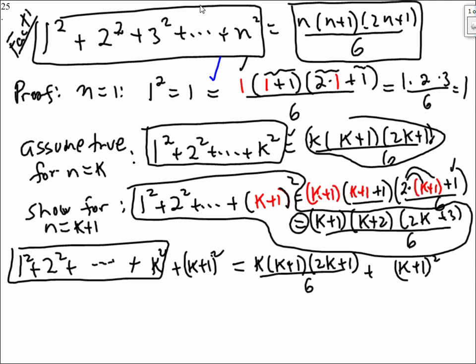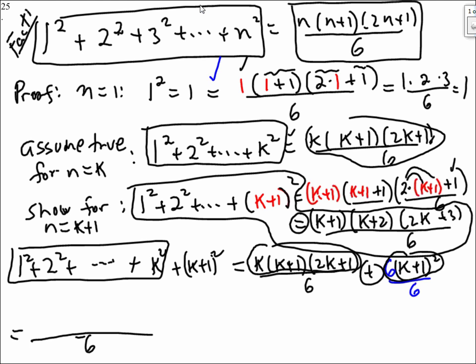Now, what I can do is, to get common denominators, I can multiply by 1, as 6 over 6. So now I have the common denominator. So I have to add these two numerators. Well, they both have k plus 1 in common.